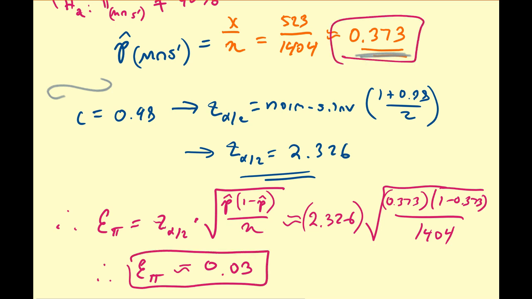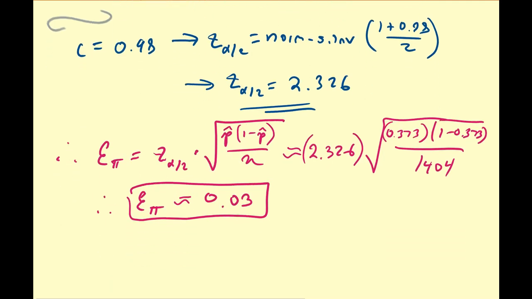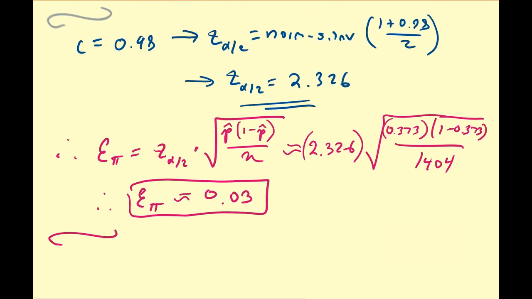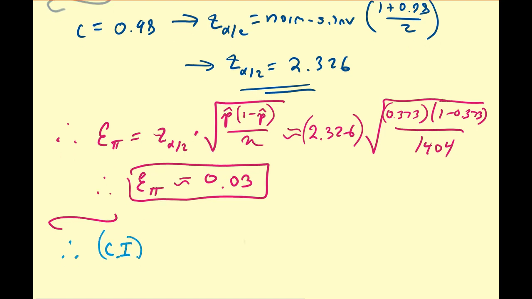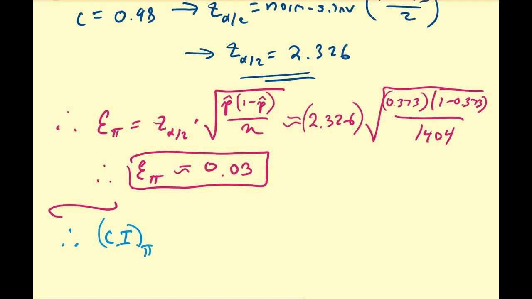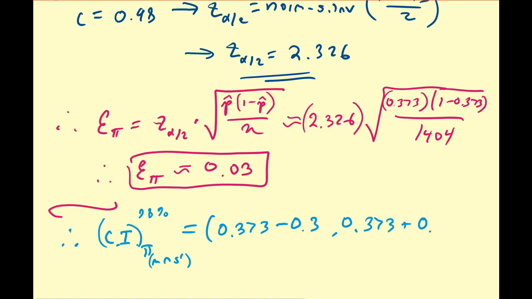All right, so we're going to look at our sample proportion, 0.373, and we're going to add and subtract this margin of error to see what we get for our confidence interval. So the confidence interval for the proportion of males who do not smoke under a 98% confidence level is going to be 0.373 minus the margin of error, comma, the sample proportion 0.373 plus the margin of error.